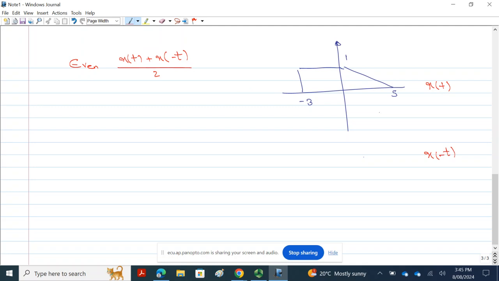What should I do? Flip it. So let's say I use the same coordinates. If I flip it, that's minus 5. That's going to be 3, right? And then this will be x(-t), correct?